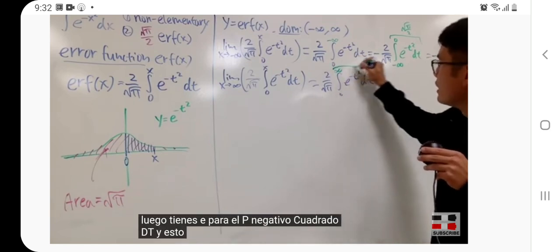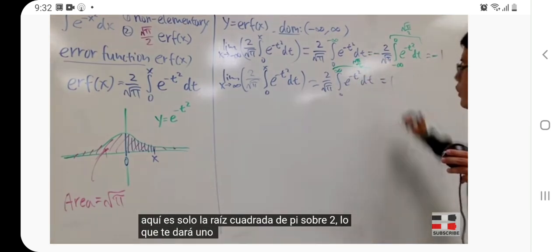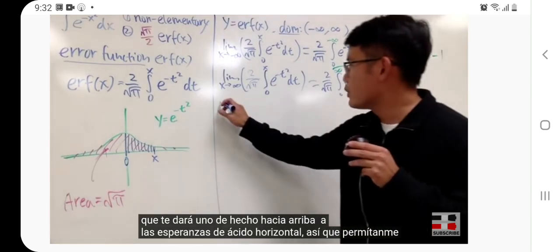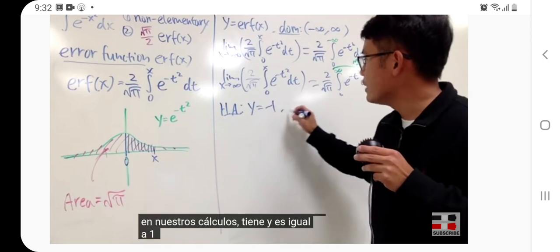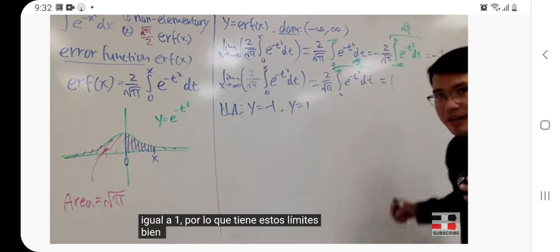And this right here is just square root of pi over 2, which is going to give you 1. In fact, you have 2 horizontal asymptotes. So let me just write down horizontal asymptote based on our computations. You have y is equal to negative 1, and the other one is y is equal to 1. So you have these boundaries, okay?